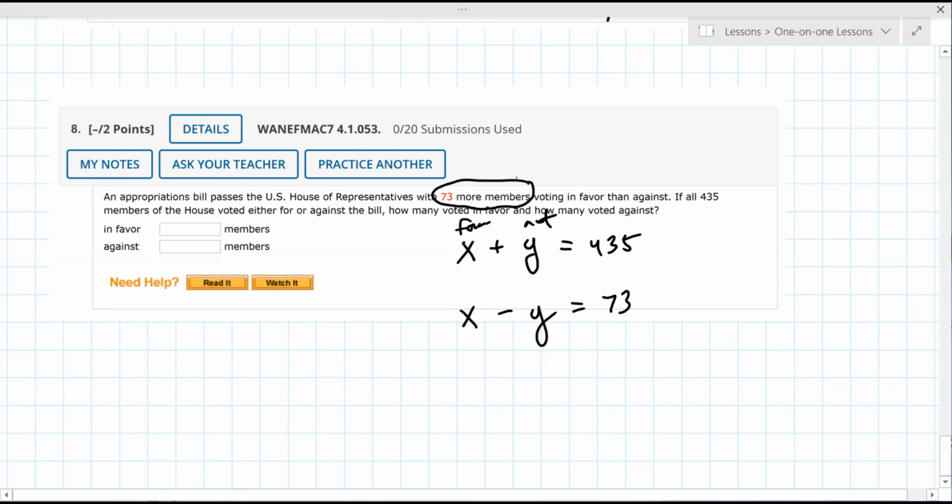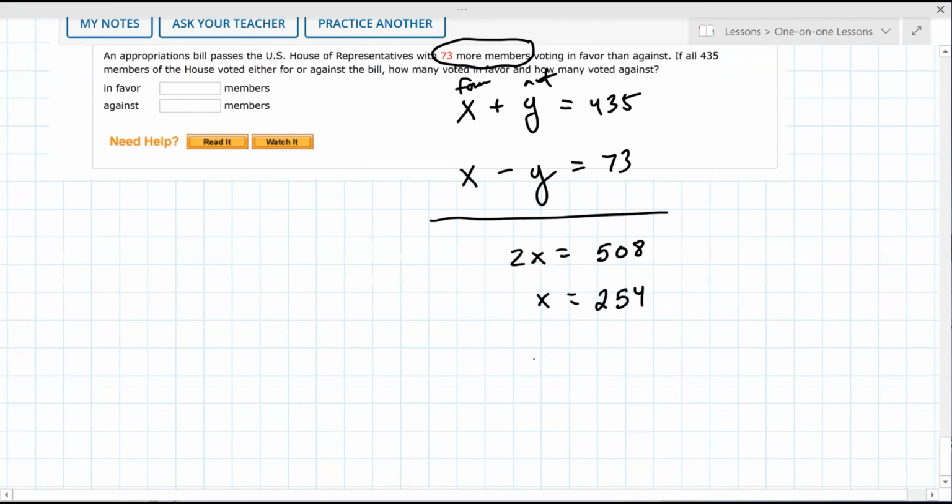So this is an example of one. I don't even know if we want to set this up, but you can just add these together. 2x equals 508, x equals 254, and then y equals 181.